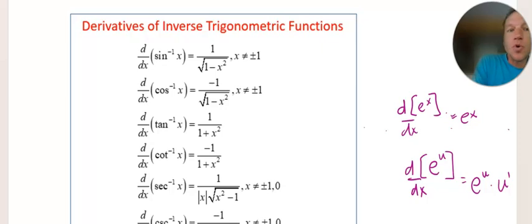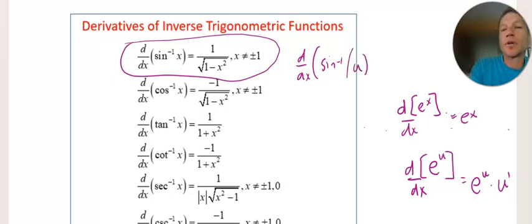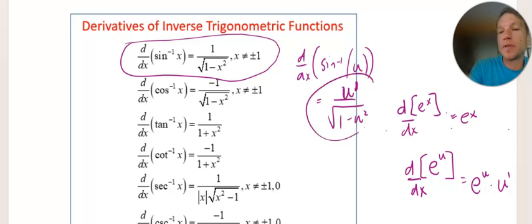So you could write the chain rule version of the arc sine: what's the derivative with respect to x of the arc sine of u, where u is a function of x? Well, it's 1 over the square root of 1 minus u squared times u prime, and you might write u prime in the numerator.